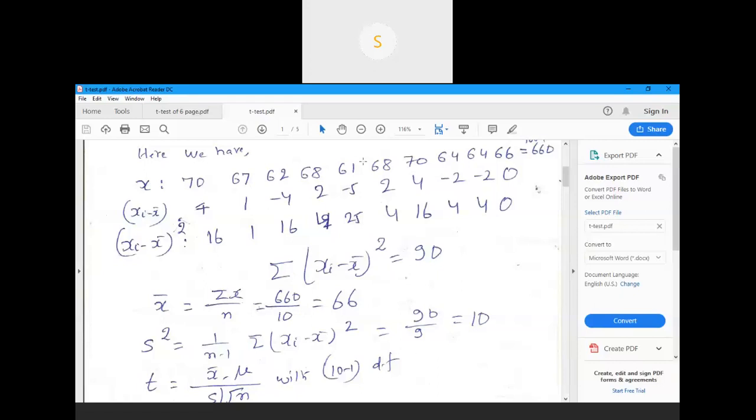If you calculate the value of summation xi minus x bar whole square, its value will be 90. So remember it. Now you verify it. So the value of x bar is 66. And similarly, we will calculate the value of y bar.